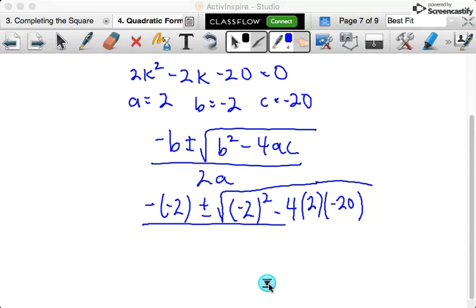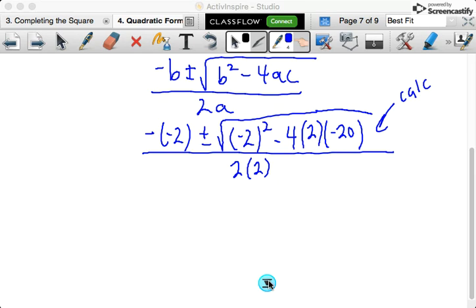And I'm going to divide this whole thing by 2 times my a term, or 2. Again, I'm going to plug this into my calculator, and I'm going to make sure that I put this in parentheses appropriately. So I'm going to say -2 squared minus 4 times 2 times -20. And that's going to give me a 164.